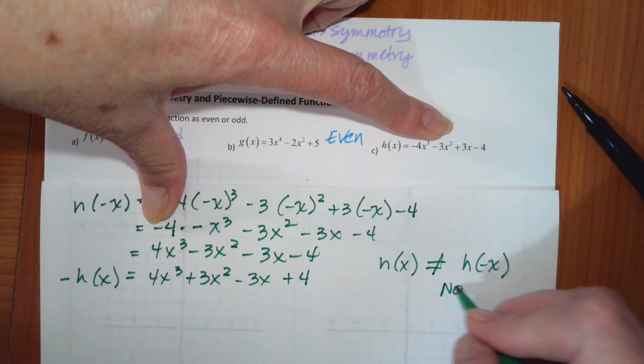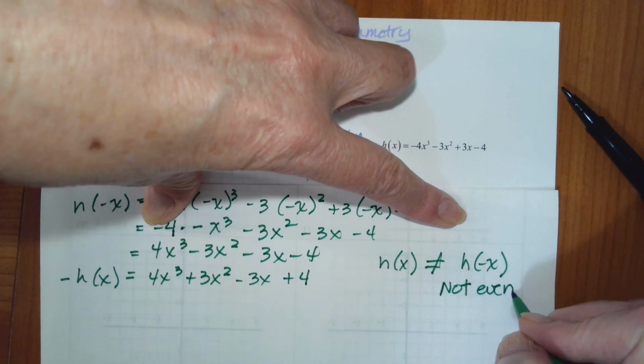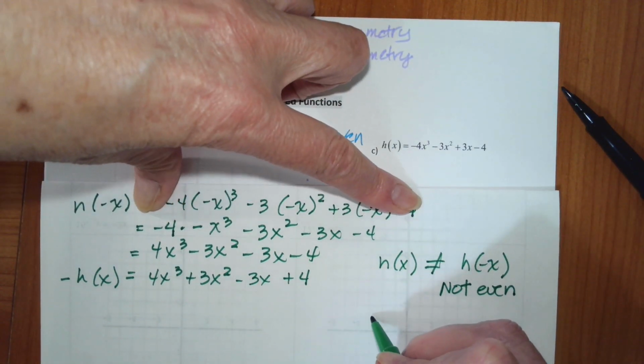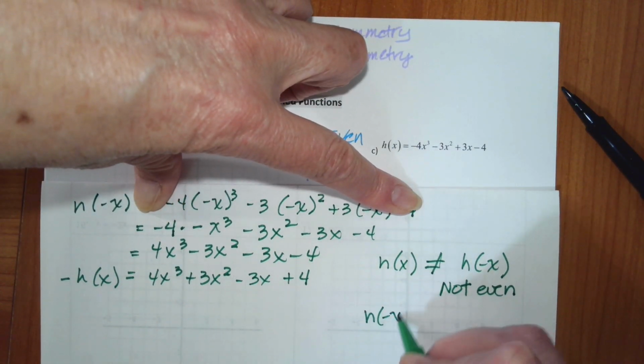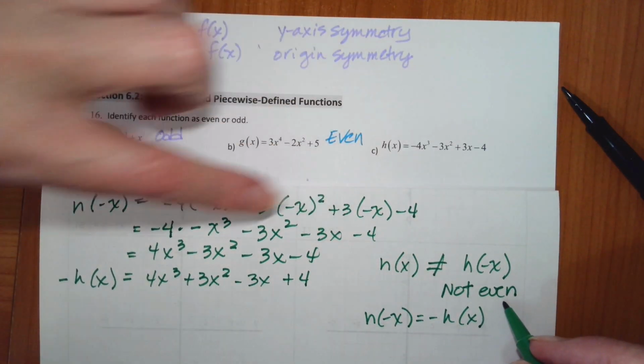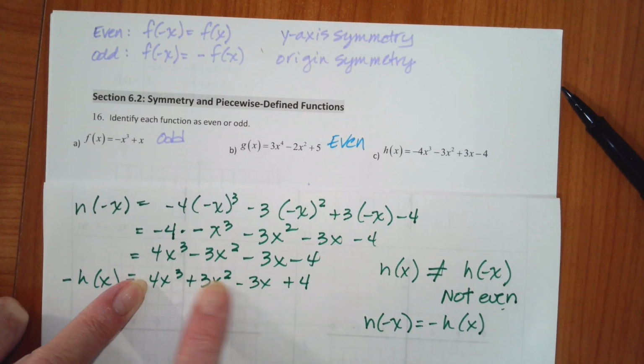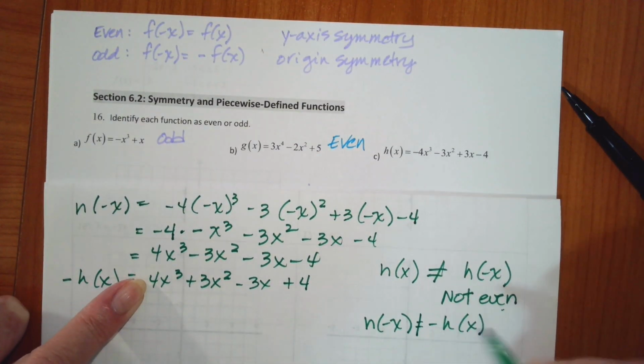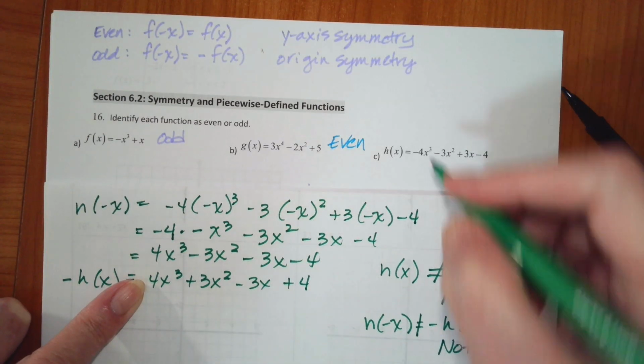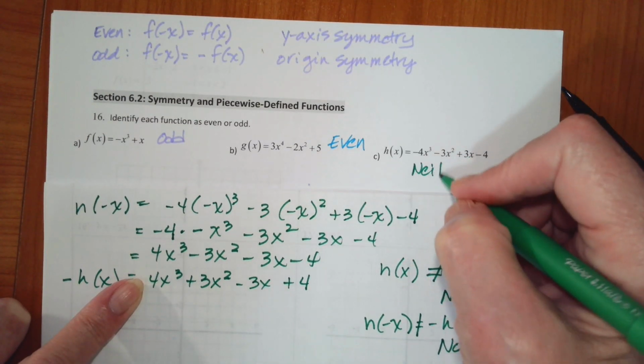So it is not even. Then let's compare h of negative x to negative h of x. Notice they also are not the same. So it is not odd. So it is neither.